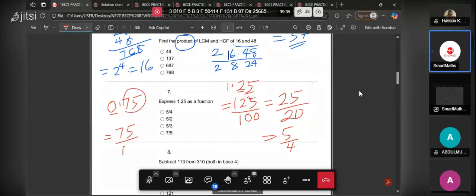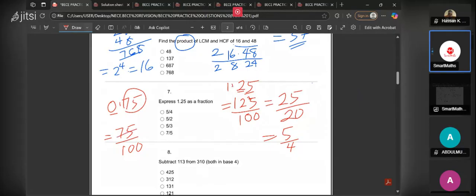Then how many digits here? It's also 2, so I'll write 2 zeros. Then I will simplify. 5 can go here, 15, then 5 here, 3. 5 can still go, 5 into 20 gives us 4. So we get 3 over 4. I hope I'm making sense. All right, we are good to go.